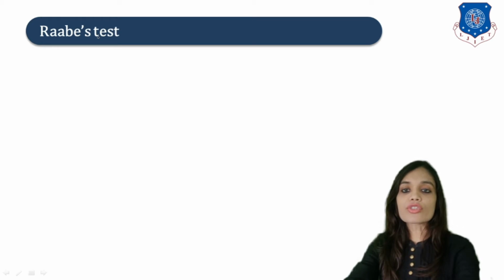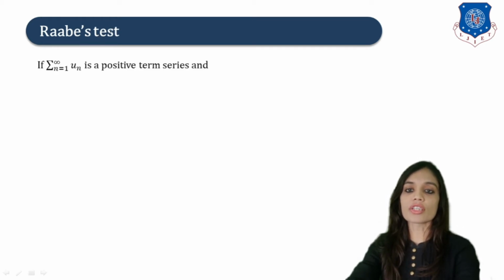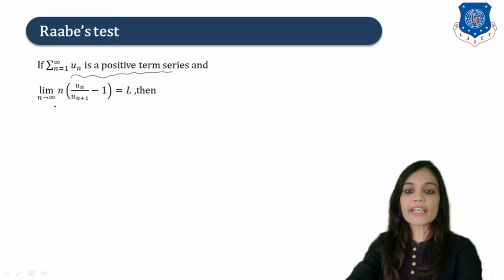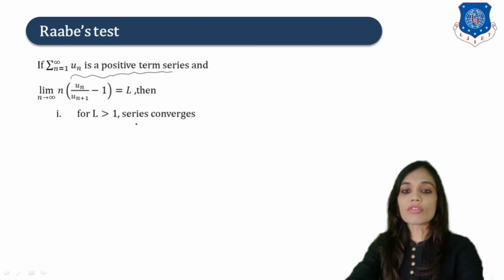Whenever ratio test fails for factorial or a constant term raised to a power n, we have to use Raabe's test, right? So, if we are given a positive term series un and limit n tends to infinity n times (un upon un plus 1 minus 1) is equal to L, then the series converges for L greater than 1.